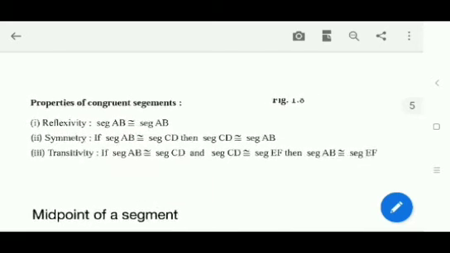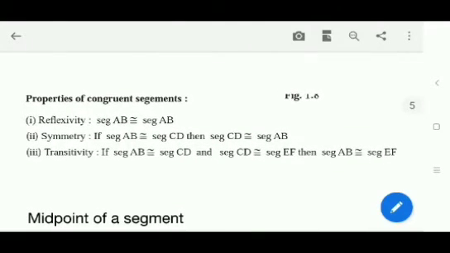Properties of congruent segments. The first property is reflexivity. Every segment is congruent to itself. Second, symmetry. If segment AB is congruent to segment CD, then segment CD is congruent to segment AB. Transitivity.